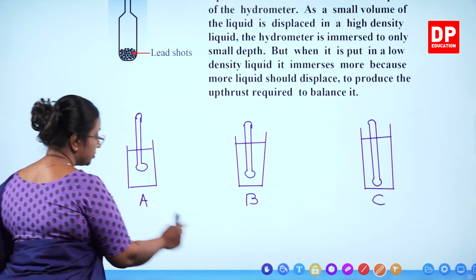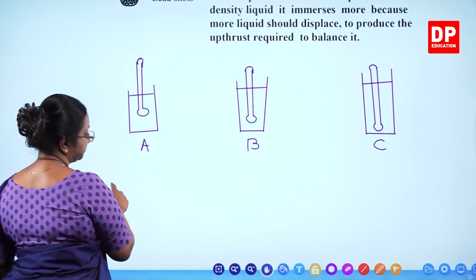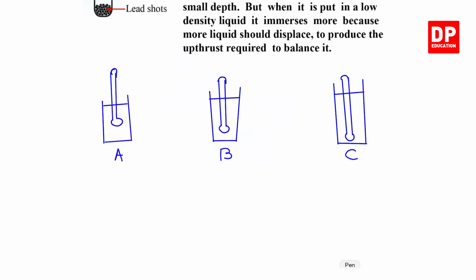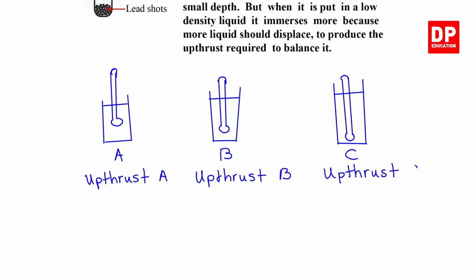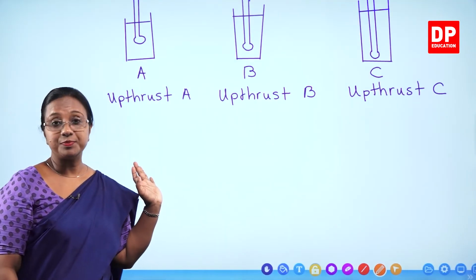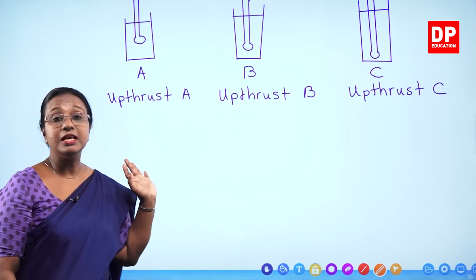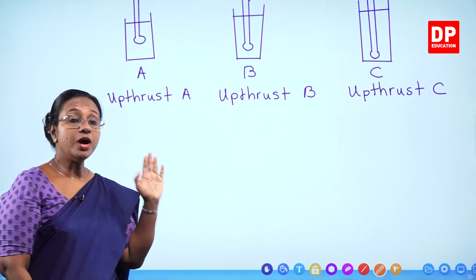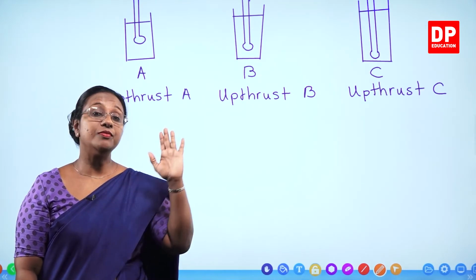So here, of course, the upthrust is less. Upthrust A, here upthrust B and upthrust C. So now students, if we compare the upthrust exerted in these three instances, you all know upthrust will be equal to the weight of the object.